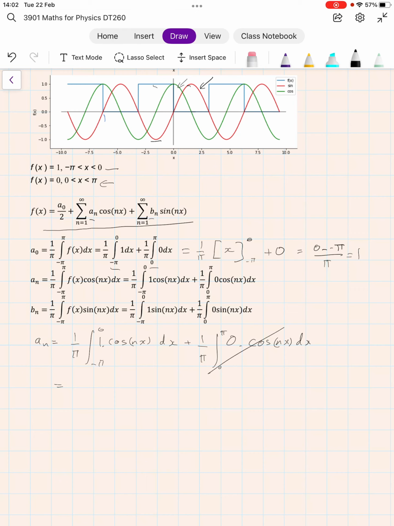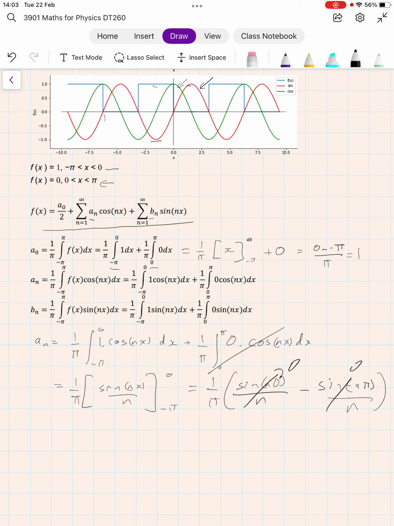That is equal to 1 over pi sine nx divided by n from minus pi to 0. And so that's equal to 1 over pi bracket sine n times 0 divided by n minus the sine of minus n pi divided by n. That is equal to 0 and that is equal to 0. So overall a_n is equal to 0.